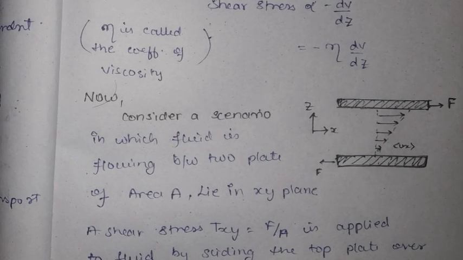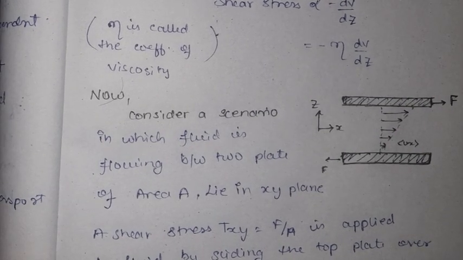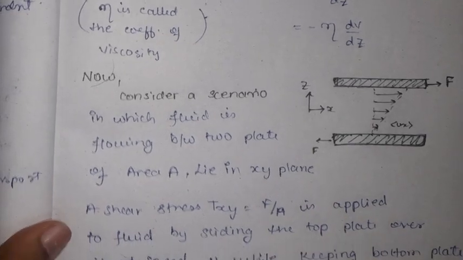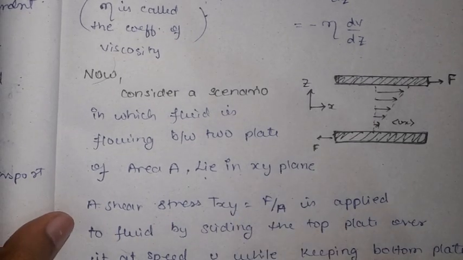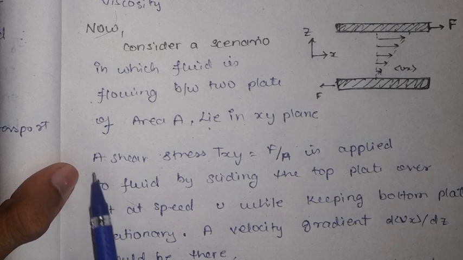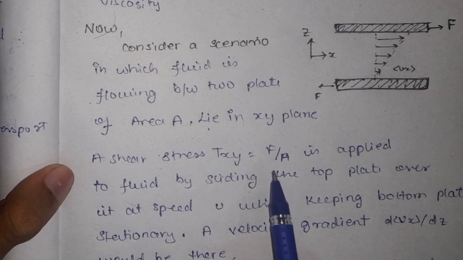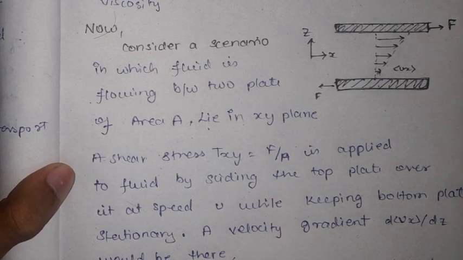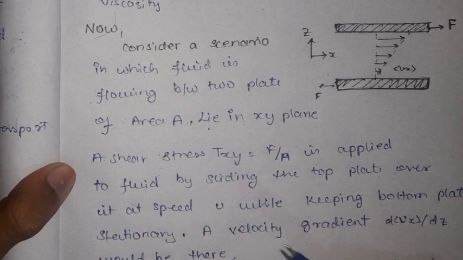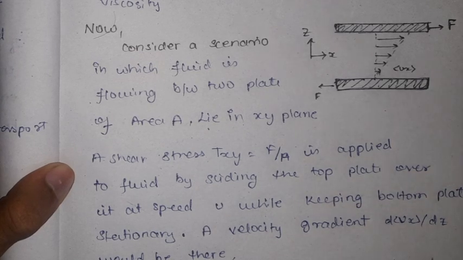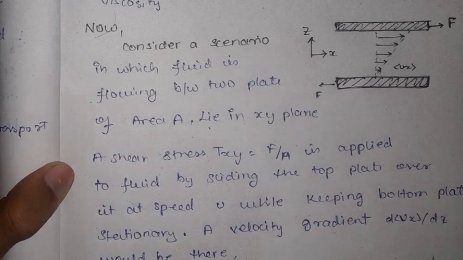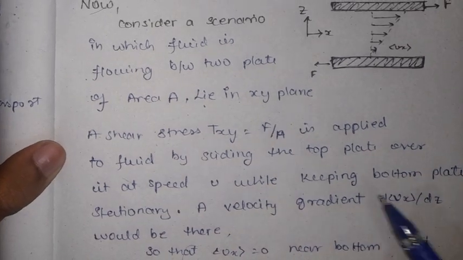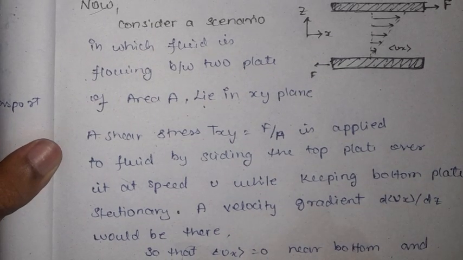Now consider a scenario in which fluid is flowing between two plates of area A lying in xy plane. A shear stress Txy, which is force upon area, is applied to fluid by sliding the top plate over it at a speed u while keeping bottom plate stationary.